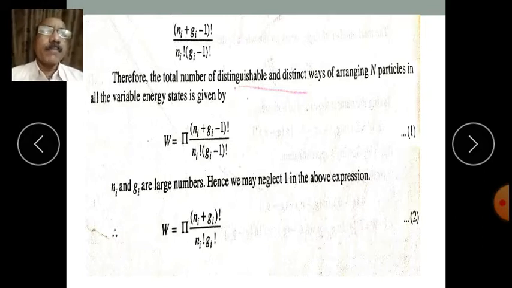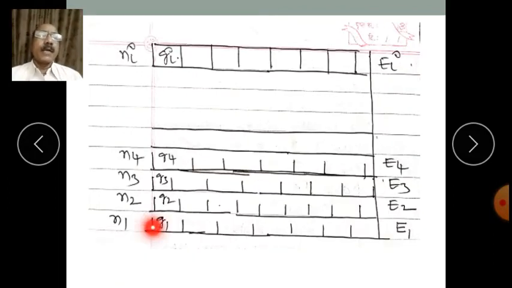Similarly, there is energy level E2, where there are N2 particles and G2 sections.